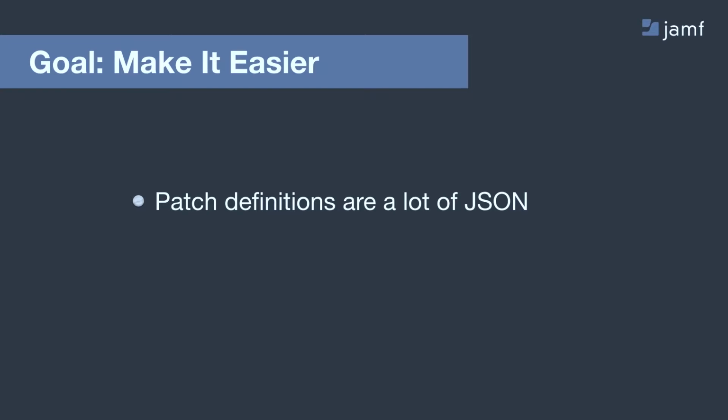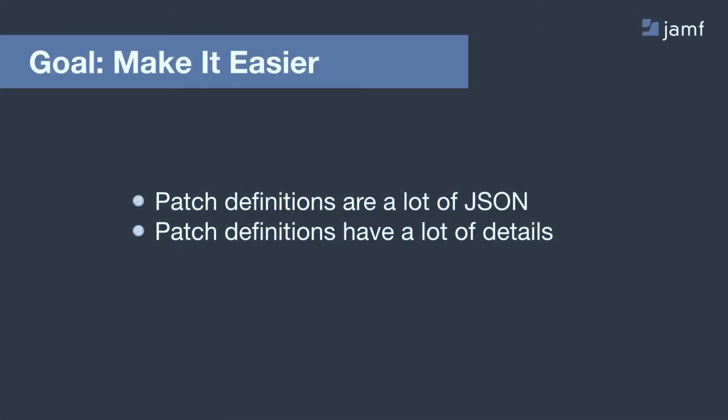If you went out to the Jamf feed in your browser and went to the URL to get that macOS one, it's several hundred lines long because it goes way back for the version history. It ends up being a lot of JSON that has to get created if you're fleshing out the history of a particular piece of software. And there's also a lot of details in there. You saw a lot of key values that had to be populated, and they need to conform to how we've documented it. There's a lot of room in there for mistakes.